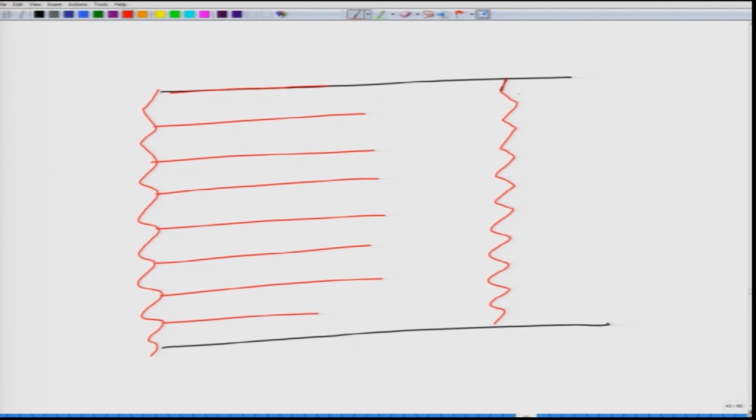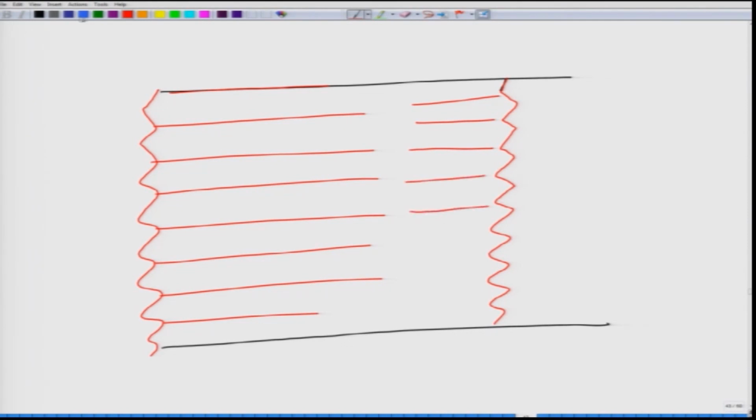And in between, what you see is something like this.